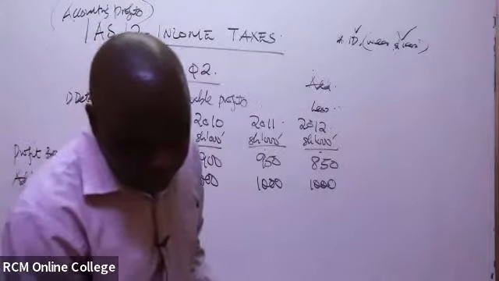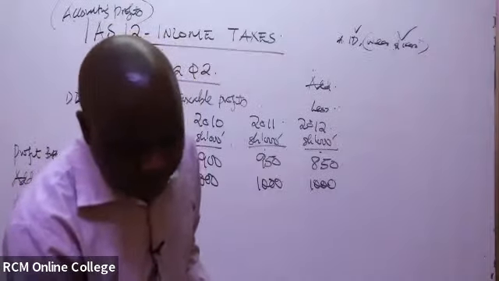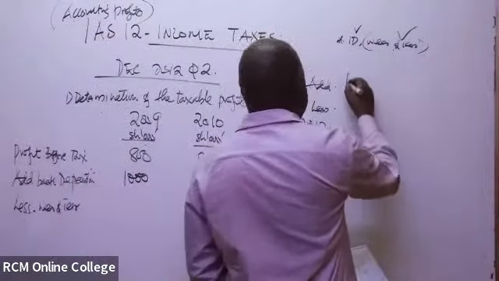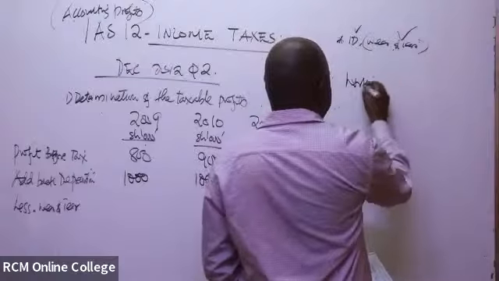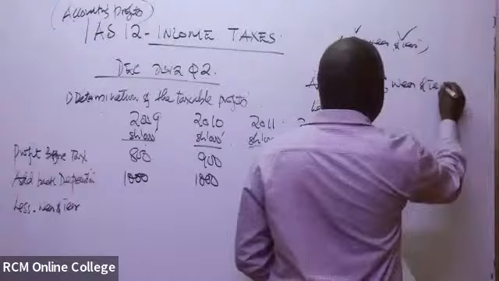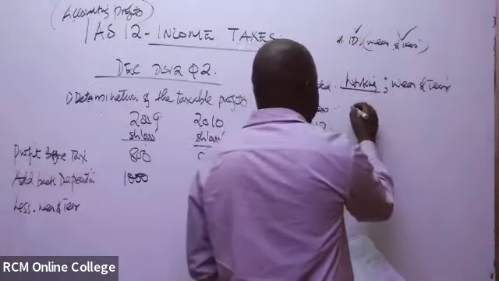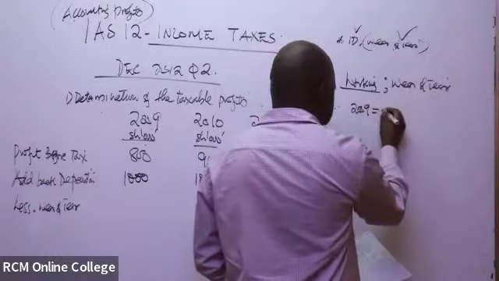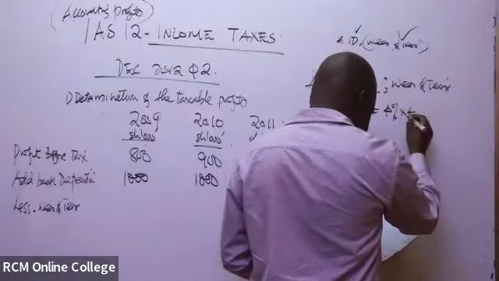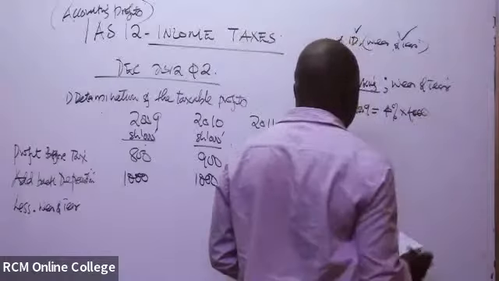We've been told the allowable wear and tear charges in our table. So we can do a working for wear and tear. For the year 2009, it will be 40% of the cost of the asset.